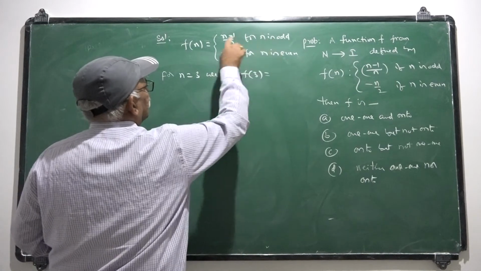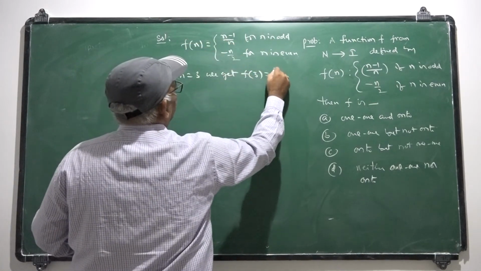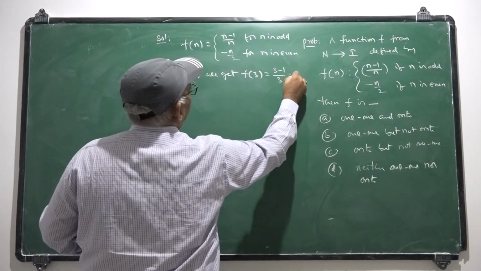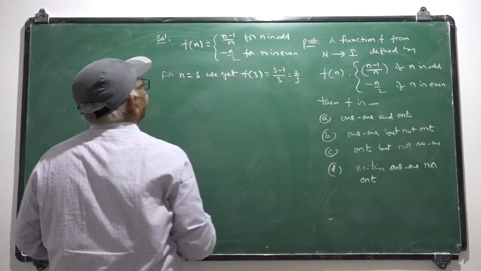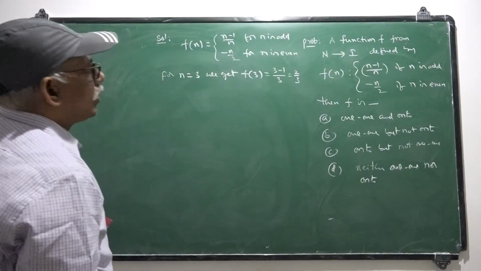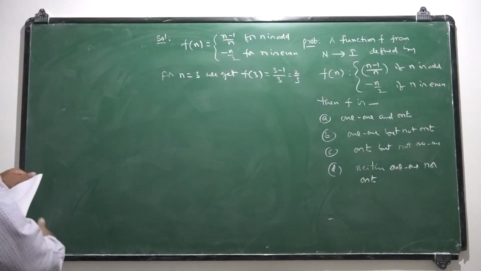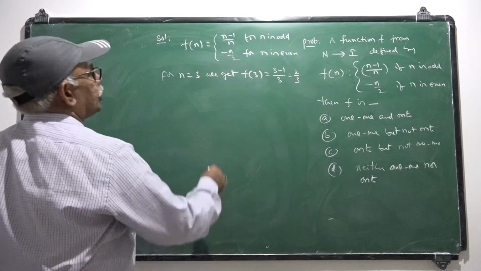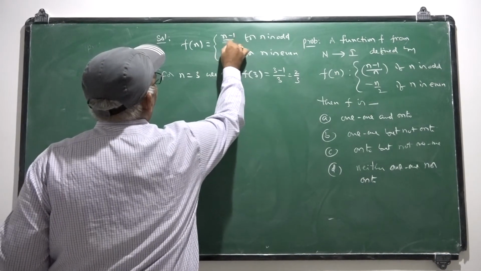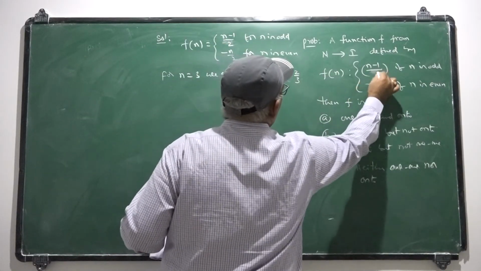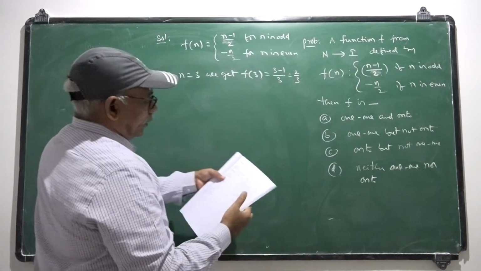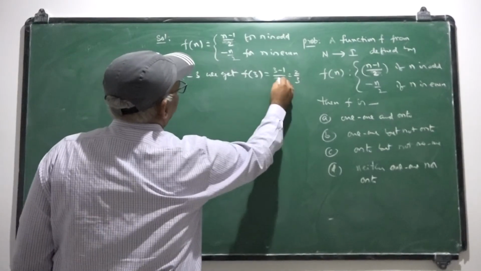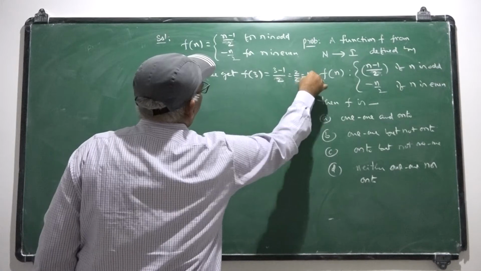Since 3 is odd, the functional value is 3 minus 1 by 2, that is 2 by 2, that is 1.